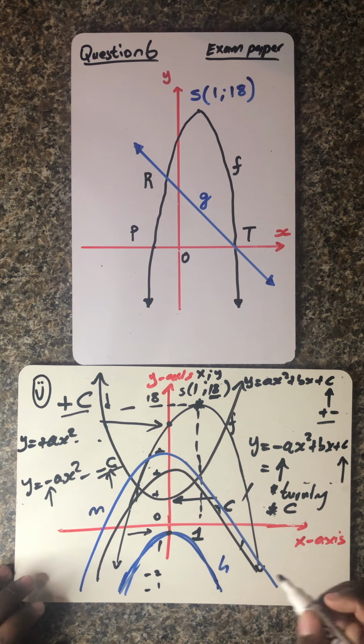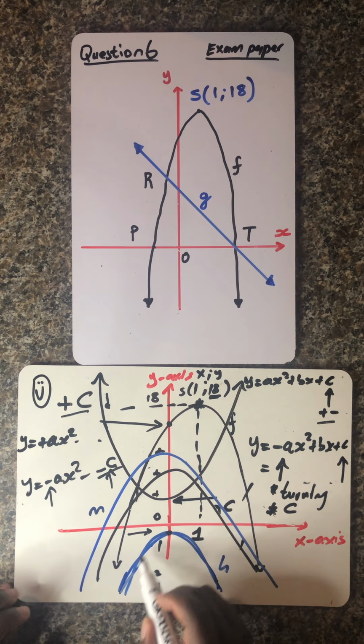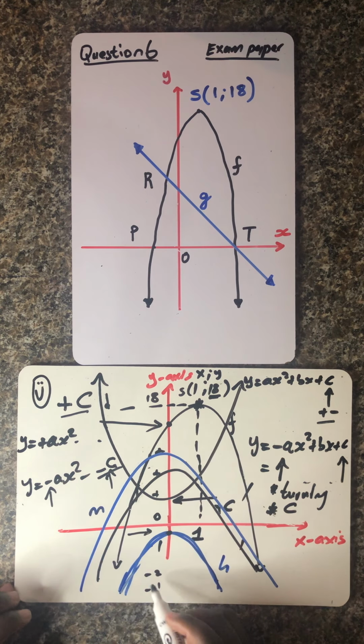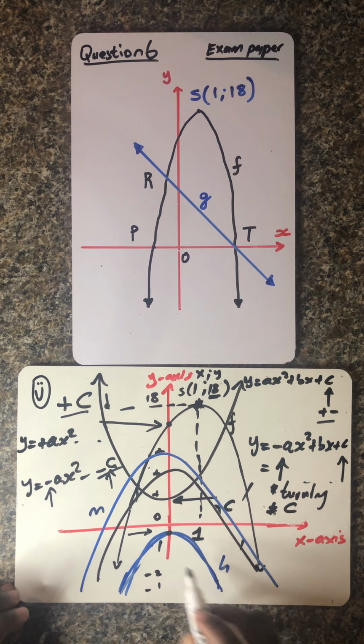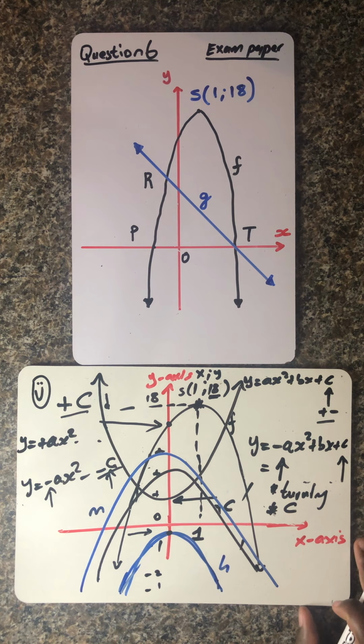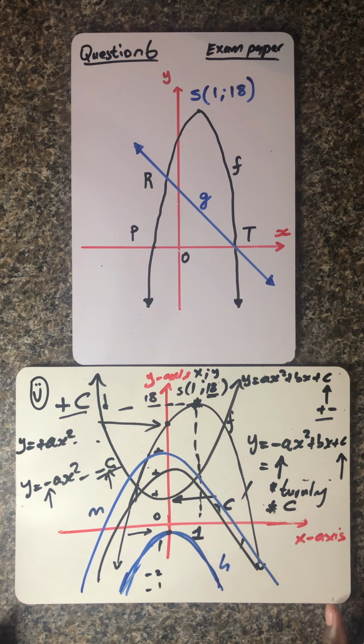In short, it can serve as a turning point and it can serve as the c value where that graph of h cuts the y-axis. Ladies and gentlemen, it's all dependent on how the graph is drawn. You just need to be able to interpret it such that it makes sense.